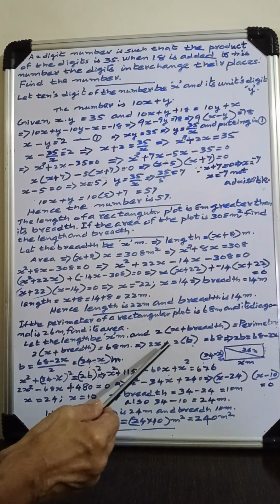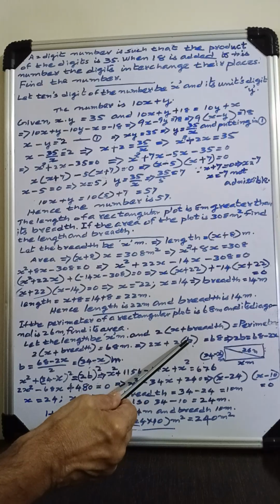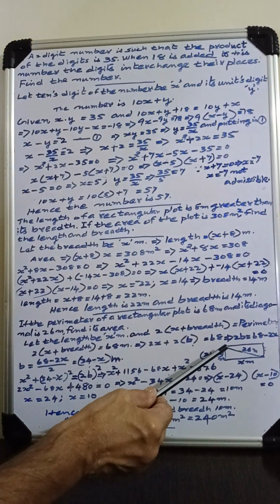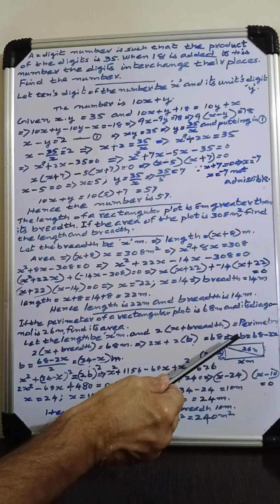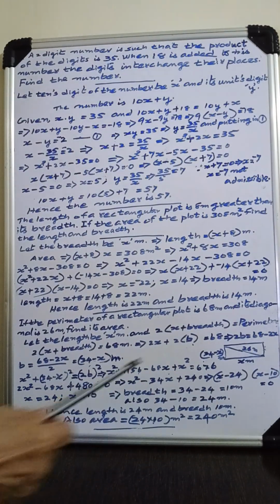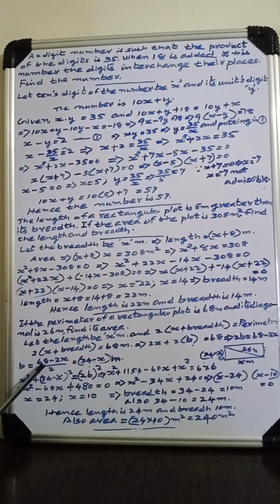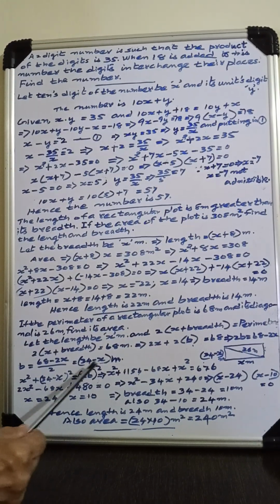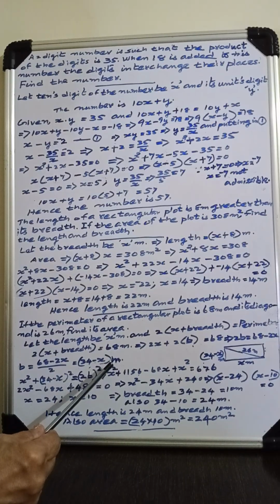That is 2x plus 2b, b stands for breadth, equals 68 meter. Therefore, 2b equals 68 minus 2x. Breadth equals 68 minus 2x by 2. That is 34 minus x meter.